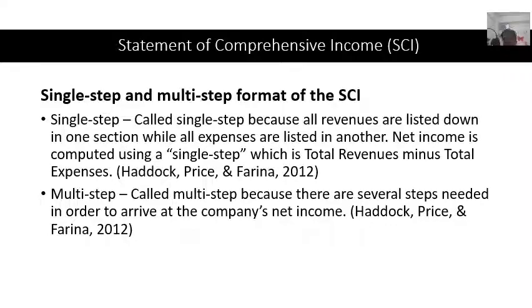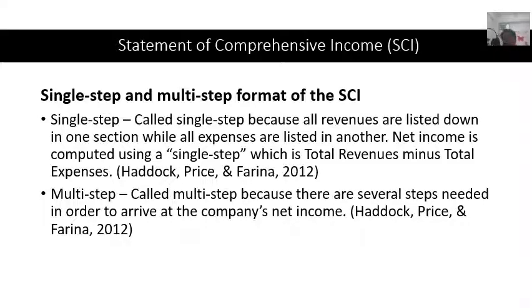We have gross profit, and then from your gross profit, ibabawas ulit yung selling and administrative expenses para makuha yung operating income. And then, ibabawas mo yung mga other expenses para makuha yung net income. So, ang daming step. Ang daming addition, subtraction, bago ka maka-arrive dun sa net income. Kaya nga tinawag siyang multiple step.